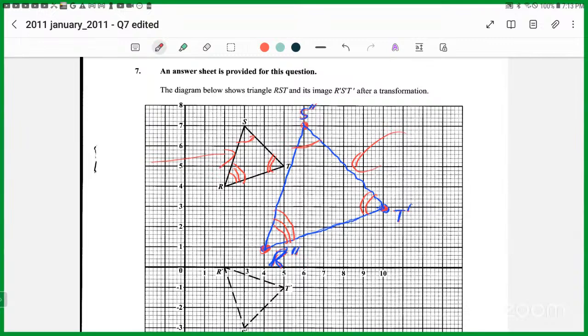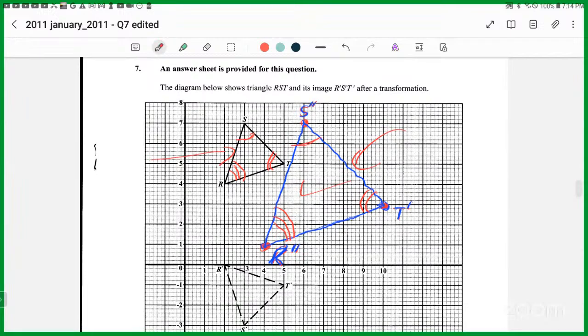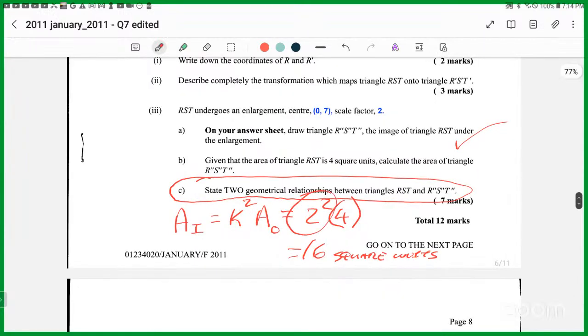But the area of the big one is 4 times the area of the small one. You could tell them that as well. The area of the big one, the double prime one, is 4 times the area of the small one, because it went from 4 to 16. The 2 squared became 4 times. So you could tell them stuff like that.